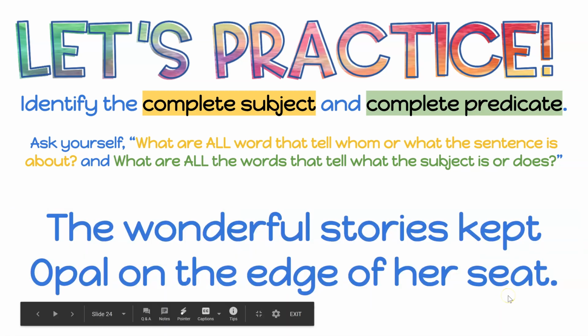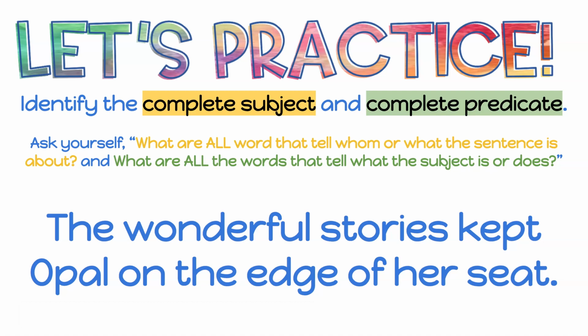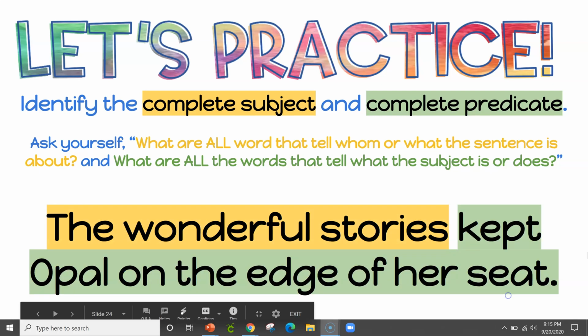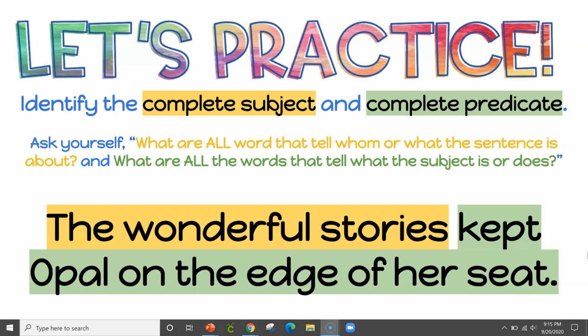Let's try another. The wonderful stories kept Opal on the edge of her seat. What is this sentence all about? And then once you've answered that, what is it doing or what is it? That's right. This sentence is all about the wonderful stories.